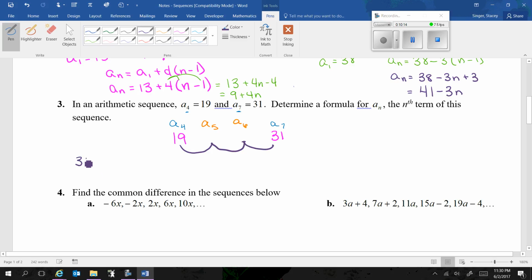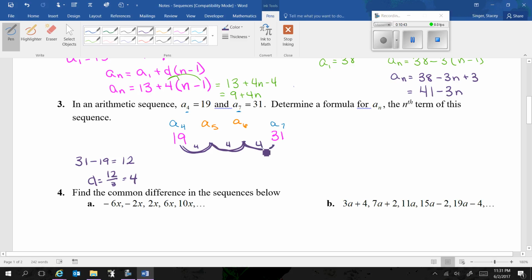First, I'd have to figure out my difference in between 31 and 19, which would give me 12. And how many times am I breaking up 12? Well, I'm increasing a total of 3 times, so I'm breaking it up into 3 parts. So that would mean I'm dividing it by 3. Would give me a difference of 4. Because I'm increasing by 4 each time.